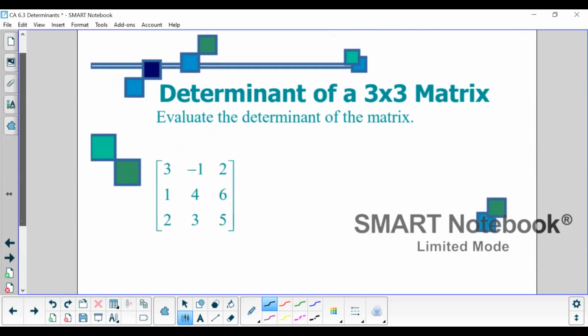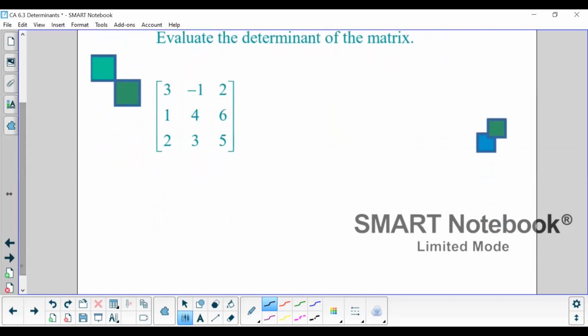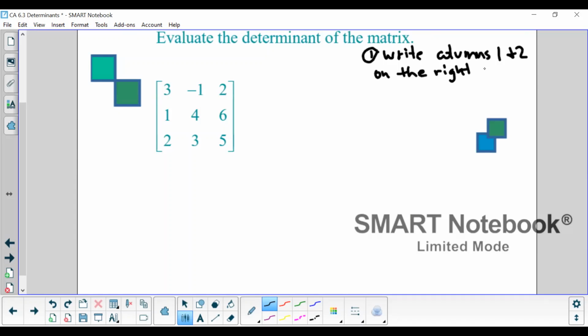All right, so here's a specific example. So your first step is that we're going to write columns 1 and 2 on the right side, on the right of the matrix.